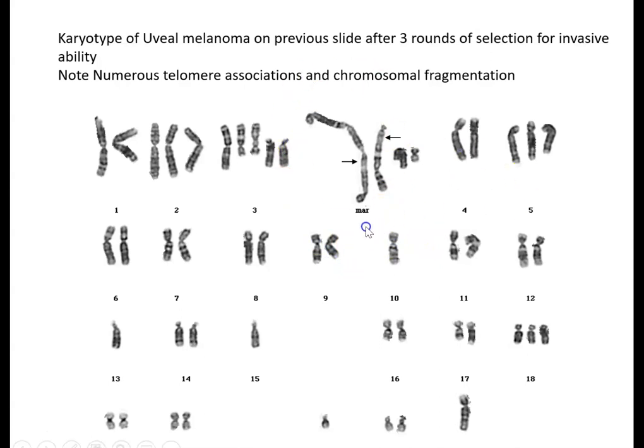So if a cell gains a new ability such as invasion, that gives the cell the ability to leave the primary tumour site and then colonise a different site. So what we often find is that the chromosomal changes in a metastasis are far more complex than what they are in the primary tumour. And what we managed to do is model that in a cell culture assay.